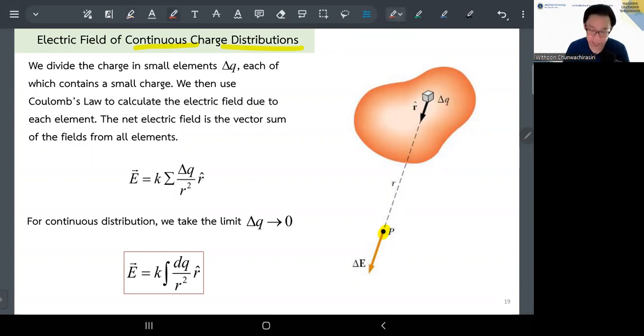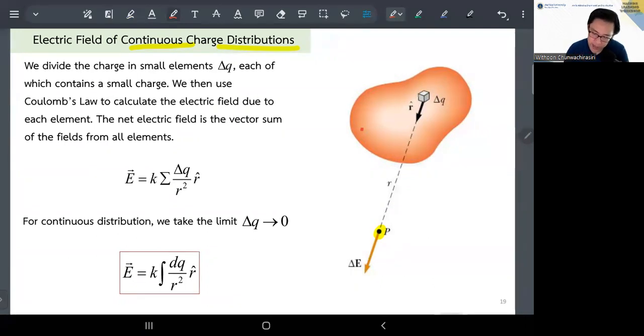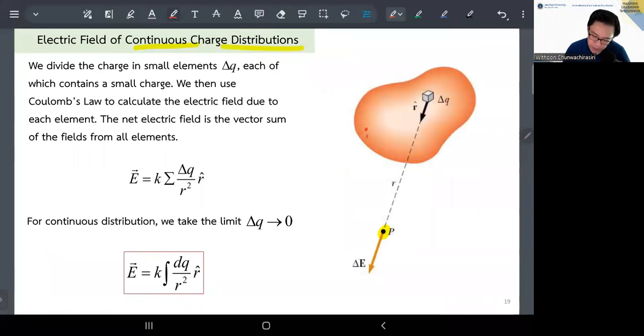You think of one point charge within that continuous charge distribution, and then all you need to do is calculate the electric field due to that tiny piece of charge. And then you move on to the next piece and do the same thing. What is the electric field at that point? And then you move on to the next one.